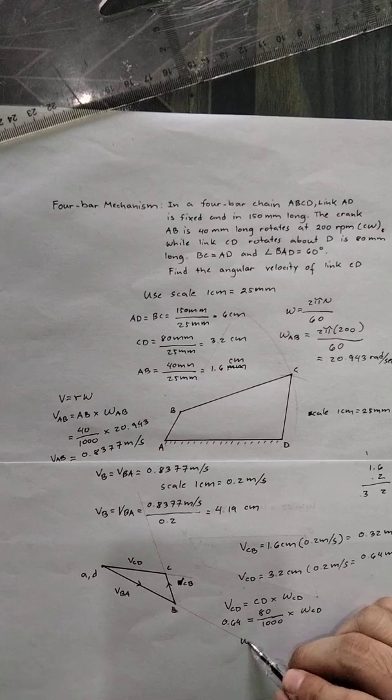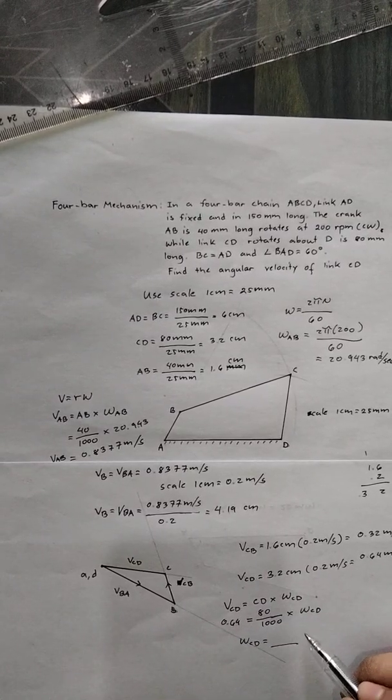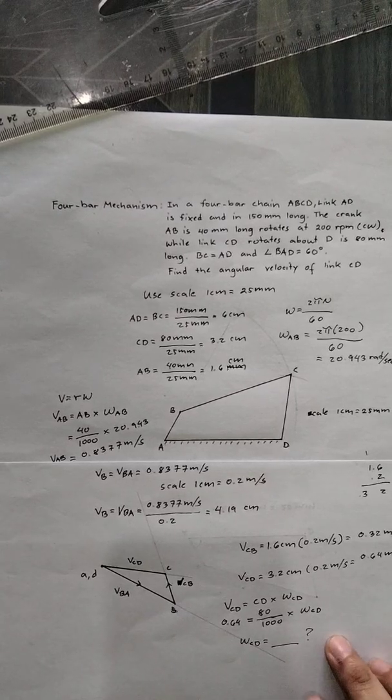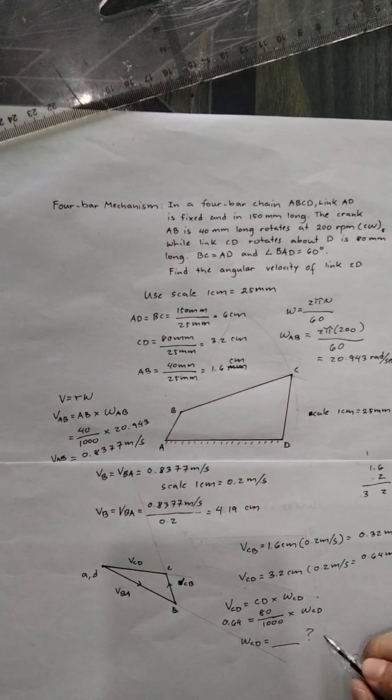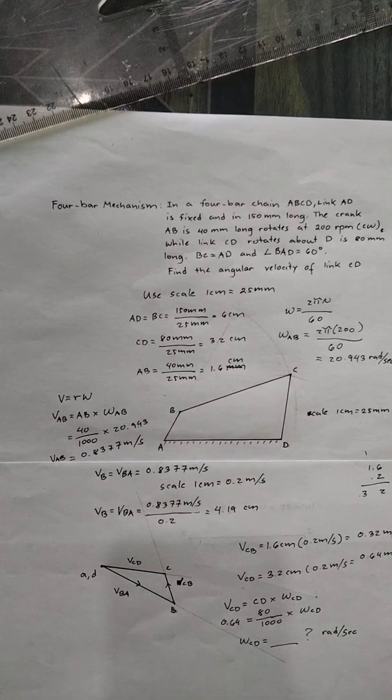So we can now find the angular velocity of CD using this one. Okay, so it is in terms of rad per second. Sorry, I don't have the calculator, but you just do 0.64 divided by 0.8. So I leave that to you to solve the angular velocity of C relative to D.